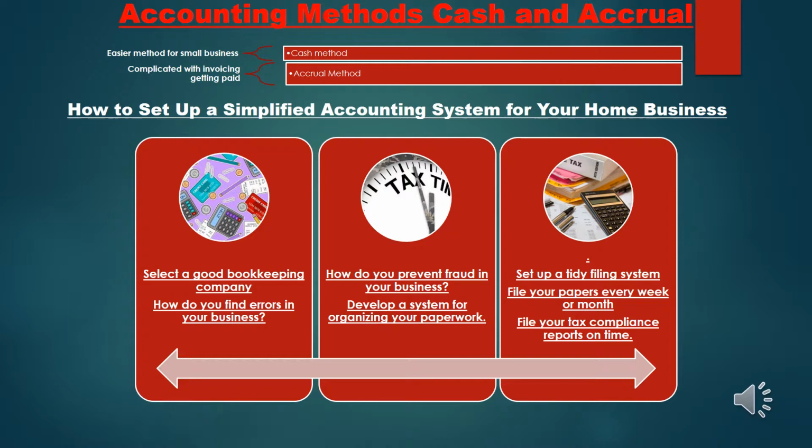How do you prevent fraud in your business? If you have in-house staff, two different tasks apply. The double entry bookkeeping and control accounts should be done by different people, different employees. Maybe you cannot afford to employ full-time staff. So one staff member for a few hours can do the bookkeeping, and another staff member for a few hours can do the control accounts. That's how it works.